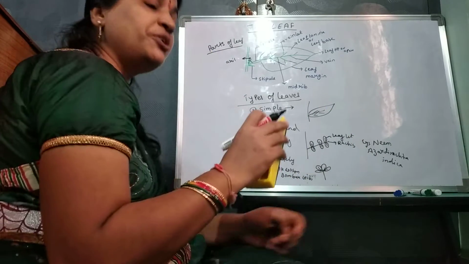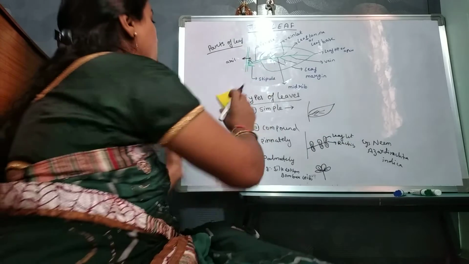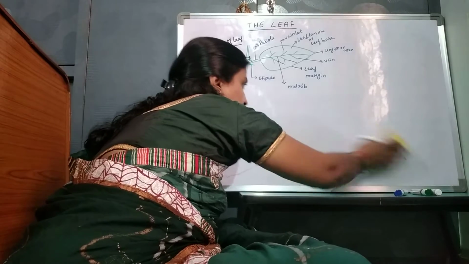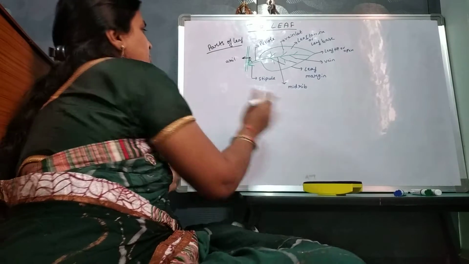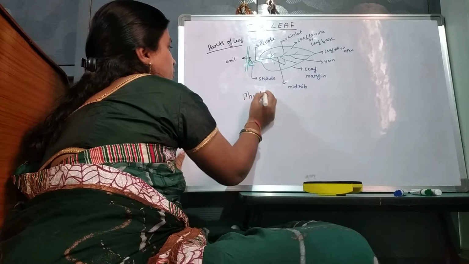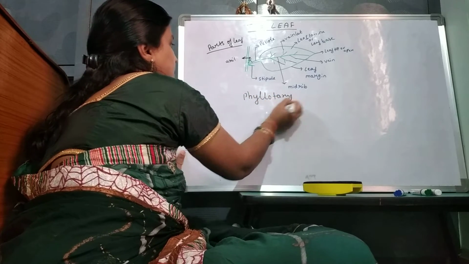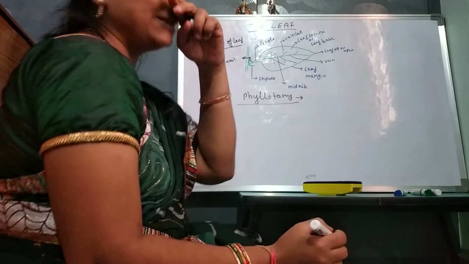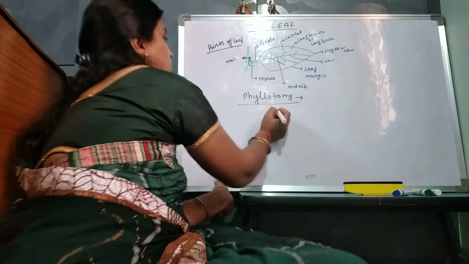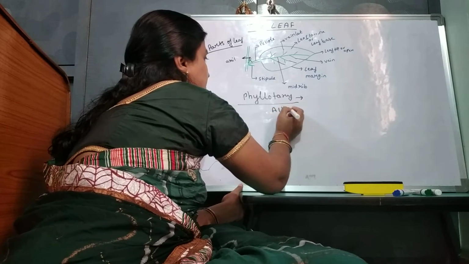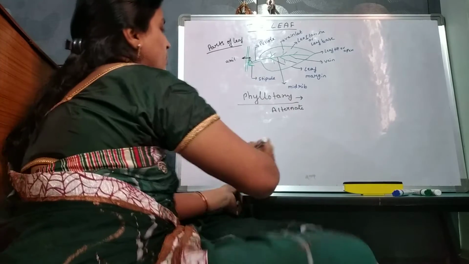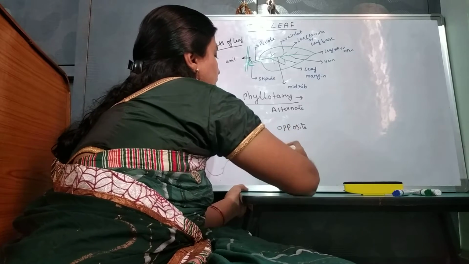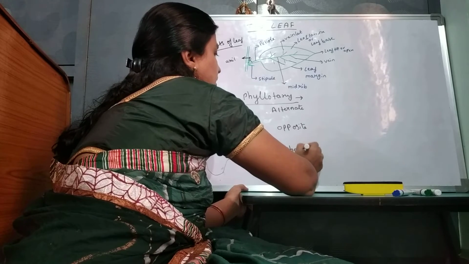Then the arrangement of the leaves on the stem or the branch is called phyllotaxy. Taxy means arrangement, or you can say division also. Phyllotaxy is the arrangement of the leaves on the branch or on the stem. They are again divided into alternate, opposite and whorled phyllotaxy.